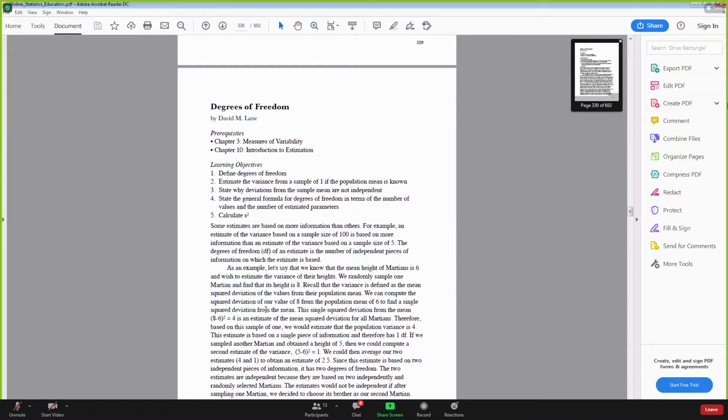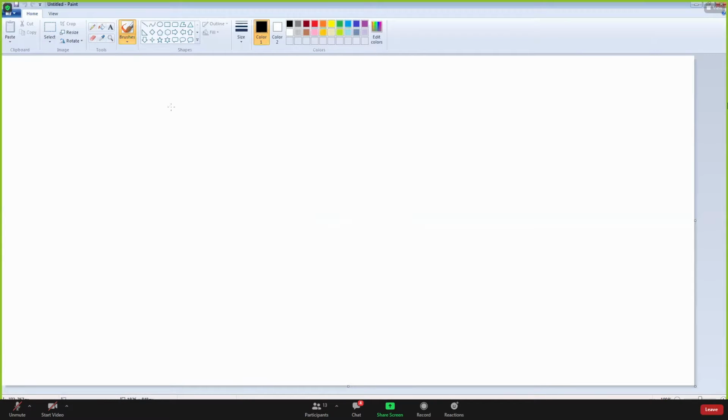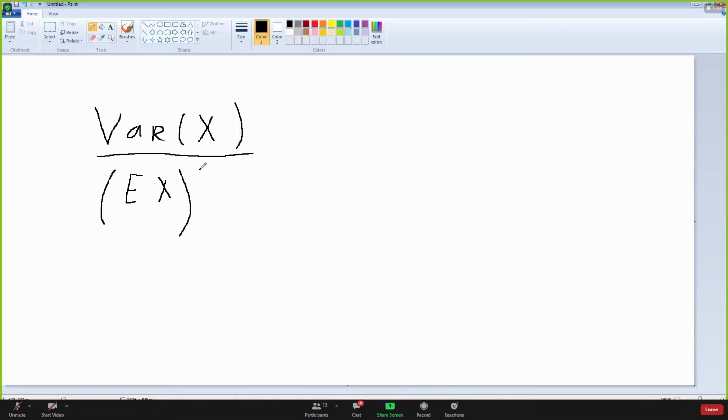The way you can see this is that you typically take the ratio of the variance to the square of the expectation. So if you have the variance divided by the square of the expectation, you have this value.